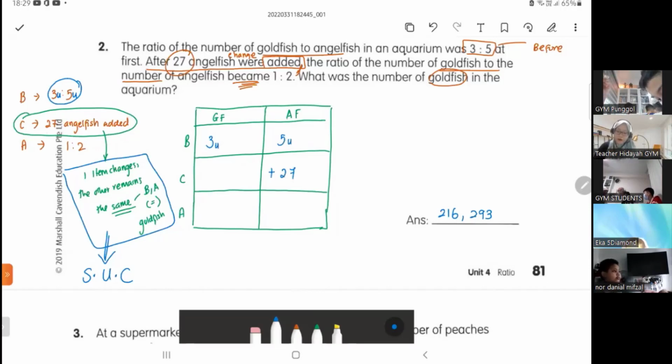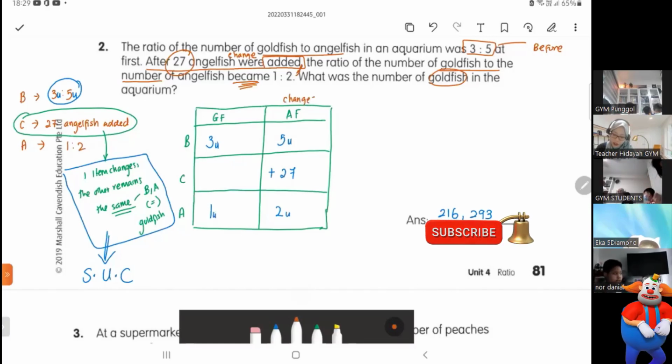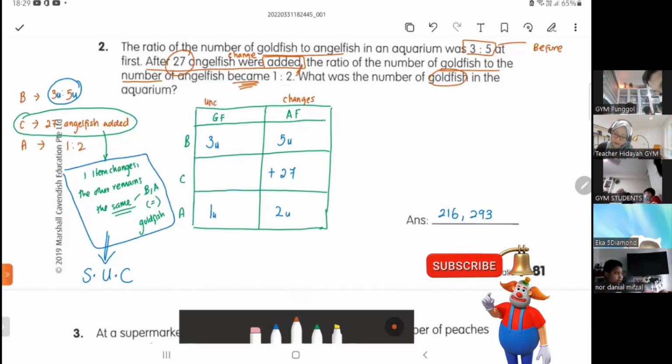Once I add the angelfish, the number changes, the ratio changes. Okay, so I have 1:2. So the goldfish and the angelfish, 1 unit, 2 units. Okay, so you look at the table, who is changing here? The angelfish changes. The goldfish is unchanged.